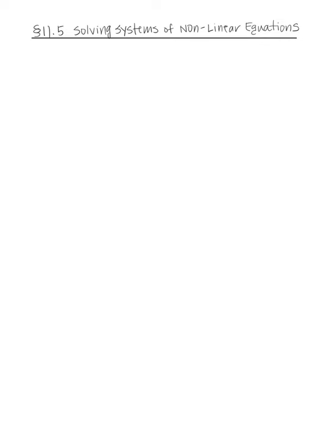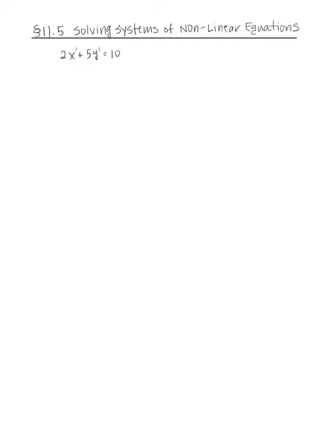So let's first go with what is a linear equation and what is a nonlinear equation. For instance, if you have 2x plus 5y equals 10, notice that the exponents on the variables are both 1.